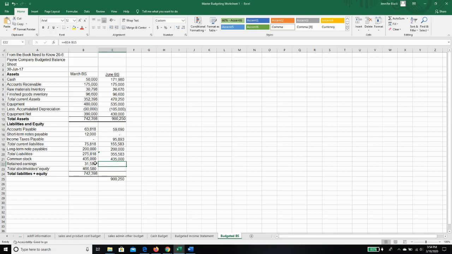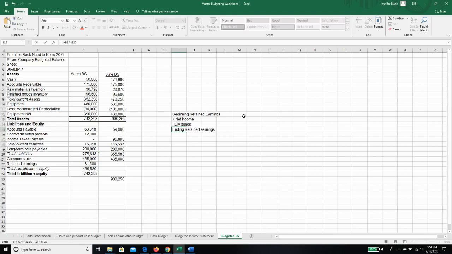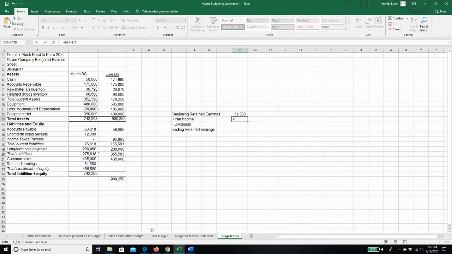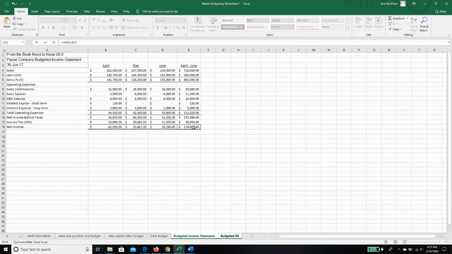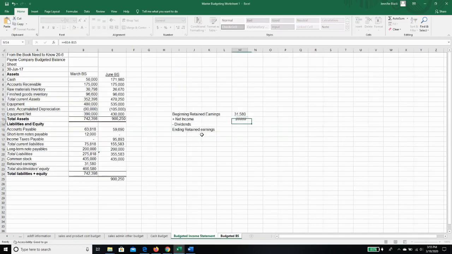And our retained earnings, if you remember from accounting 301, beginning retained earnings plus net income minus dividends equals ending retained earnings. Okay, so our beginning retained earnings, 31,580. Our net income for the quarter is 178,087.